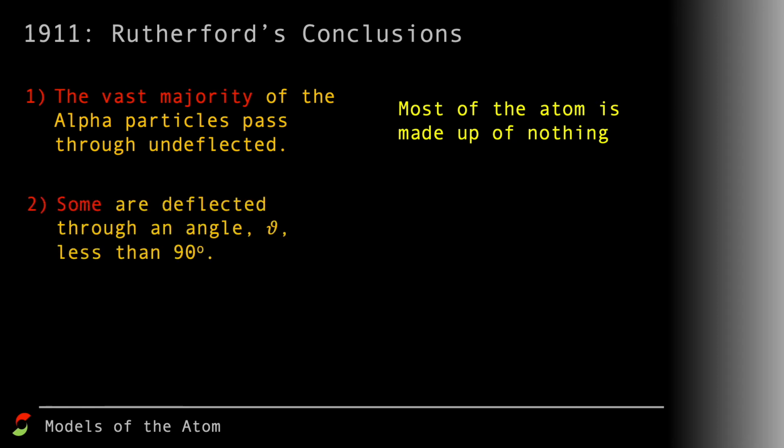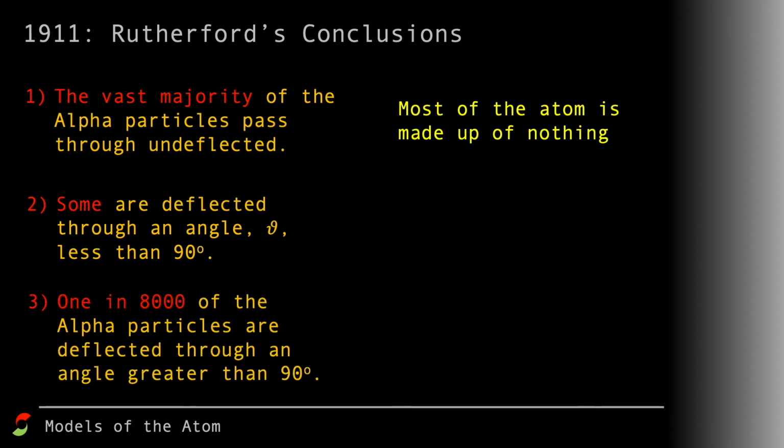The second observation was that some were deflected through an angle less than 90 degrees, and 1 in 8,000 deflected through an angle greater than 90 degrees. The observations from those can be grouped together: the nucleus is tiny, so whatever was happening was very, very rare, and the interaction between the alpha particle and this nucleus was very rare, and therefore that was due to the nucleus being absolutely minute.